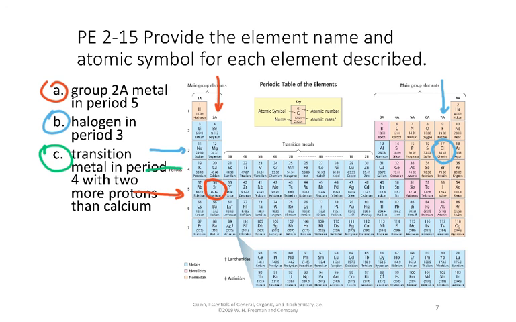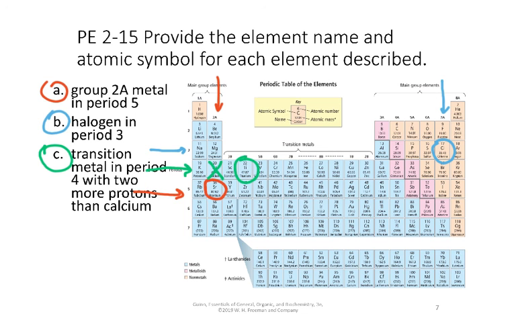Okay, so we're looking here in this row. 2 more protons than calcium. This is kind of a different kind of question. So here's calcium and 2 more protons. Remember, a proton is the same as atomic number, and changing the number of protons changes the identity of the element. So 2 more protons would be moving to the right from 20 to 22, should be right here.